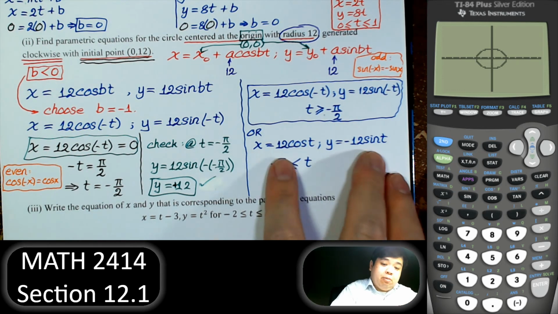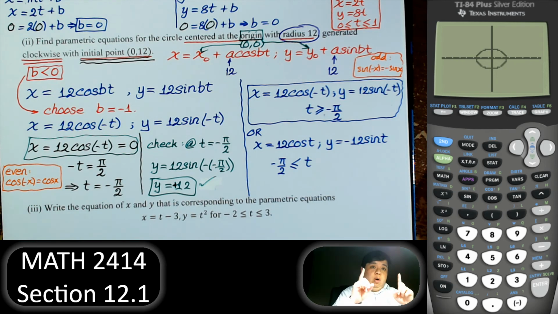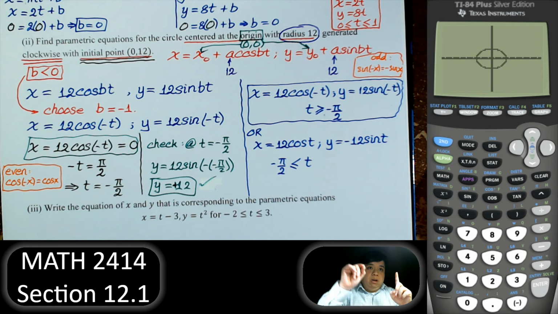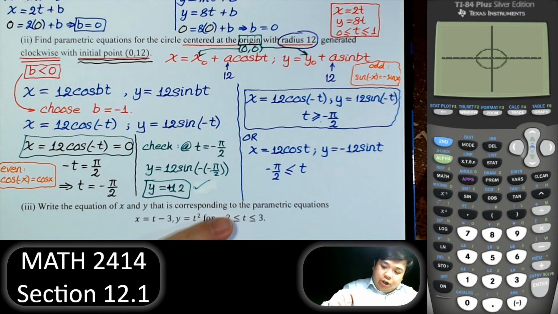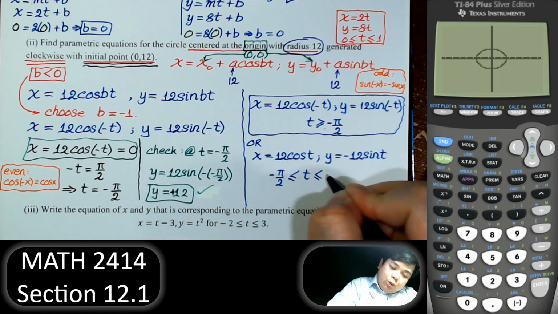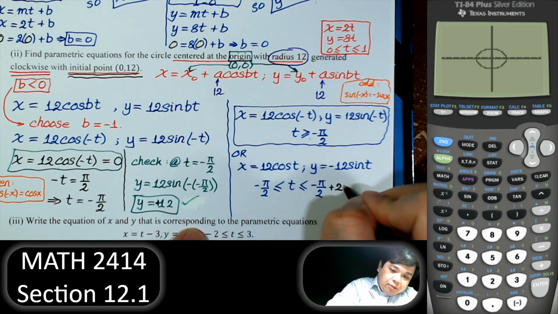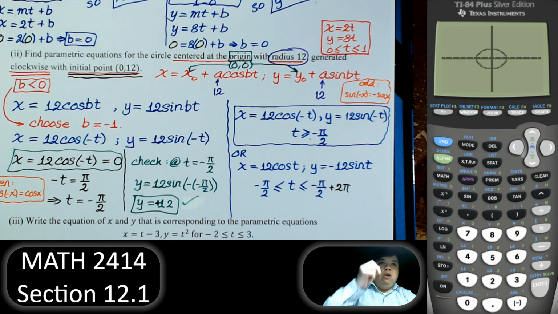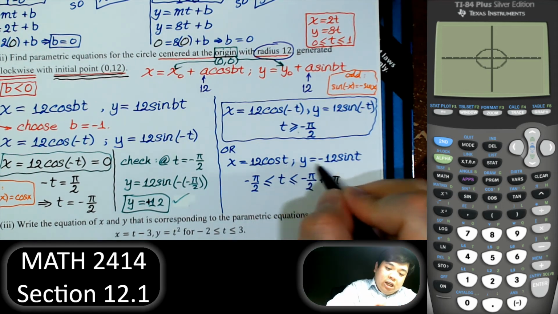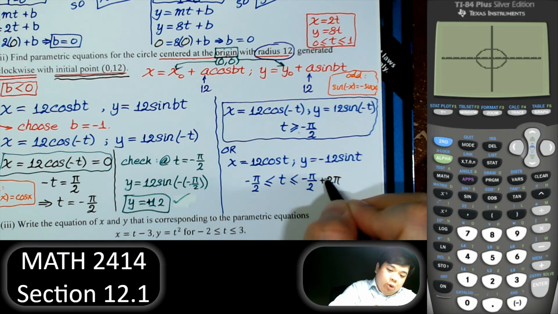So the period of sine and cosine here is 2 pi. So within the interval of 2 pi, it will travel 1 complete revolution. So we just say from negative pi over 2, we're going to add 2 pi to it. That will get 1 complete revolution. If we have 2t here, the period of that is going to be pi, so we're going to add pi to it.